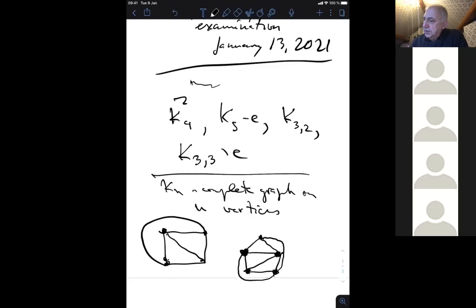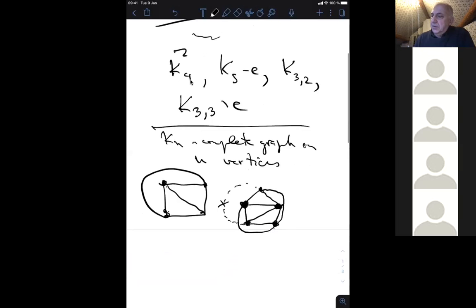So these three vertices are connected to all others, and for this one we have to skip this edge, otherwise we cannot realize it as a planar graph. So this edge we have to remove.